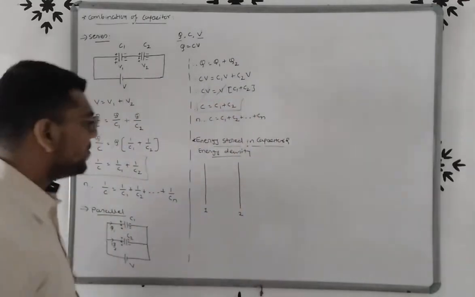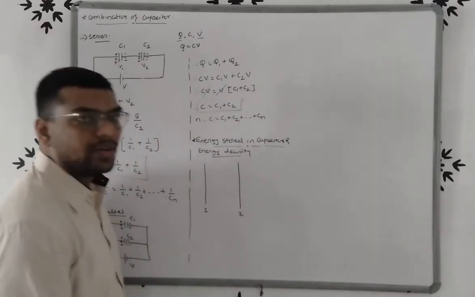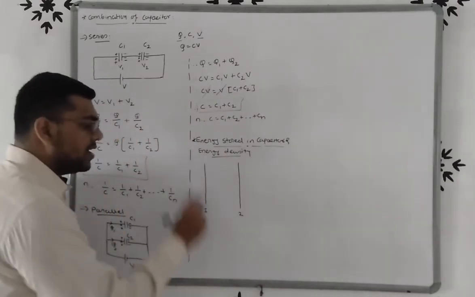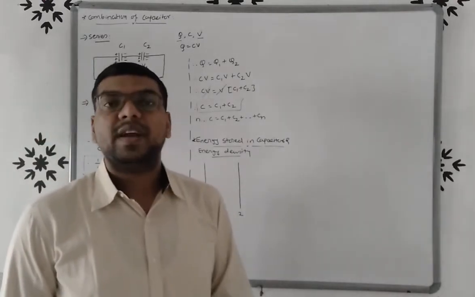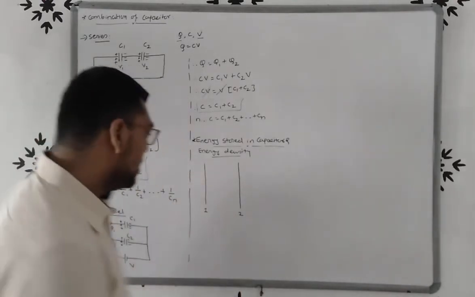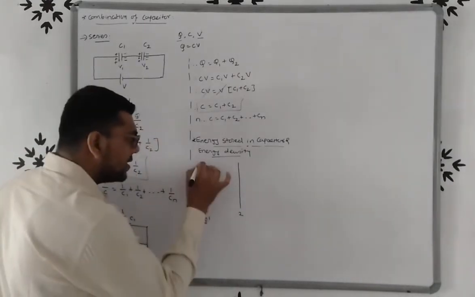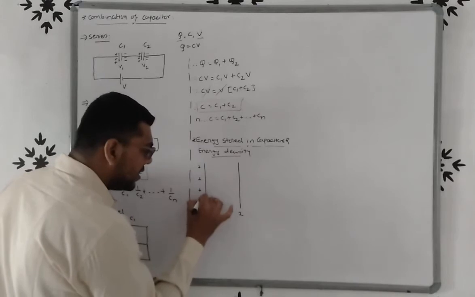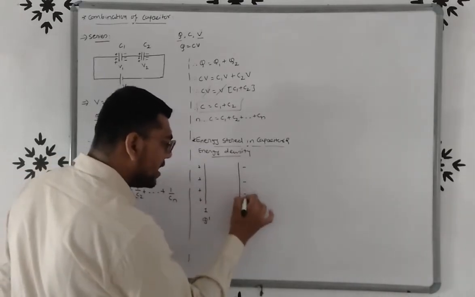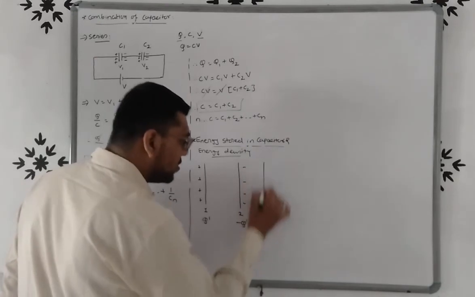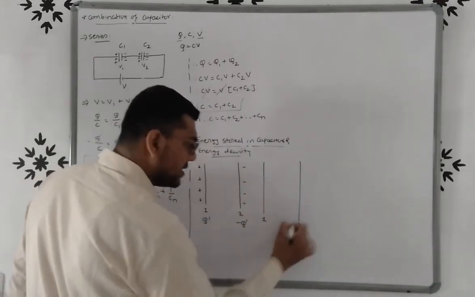So once again, as shown in the figure, this is conductor 1 and this is conductor 2. This conductor 1 has a higher potential as compared to conductor 2. This conductor 1 has a charge Q dash and this conductor 2 has a charge minus Q dash, right? So we can also draw like this. This is conductor 1, this is conductor 2.